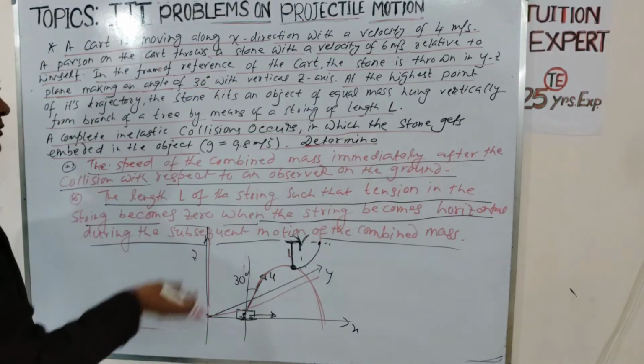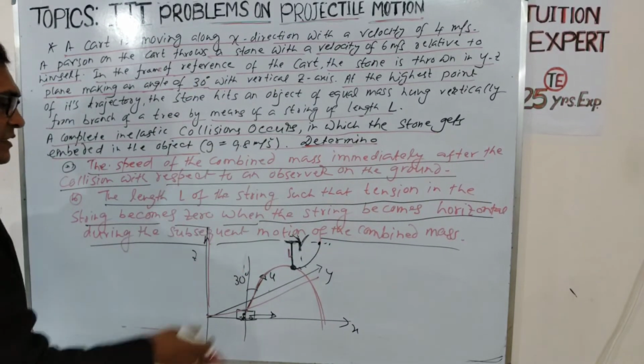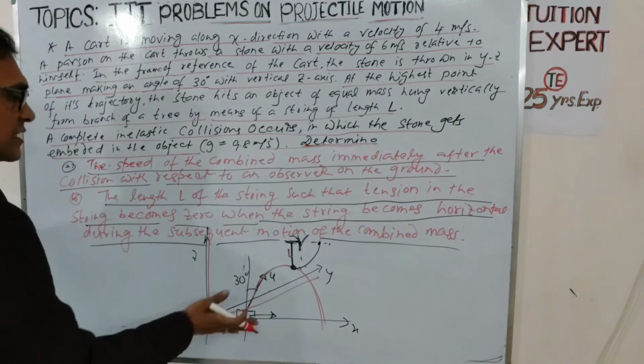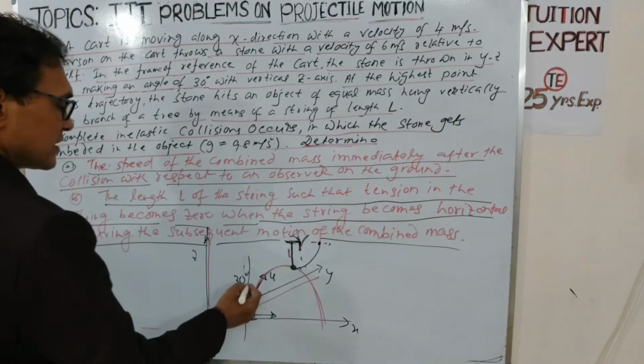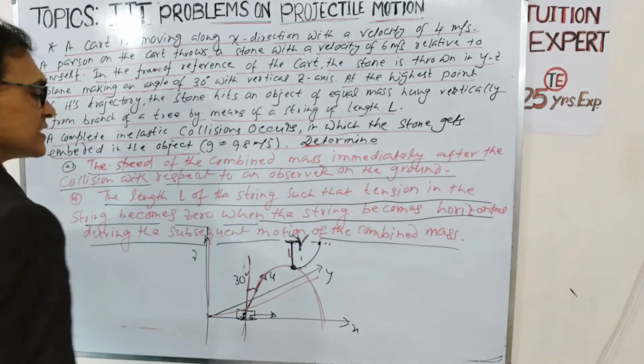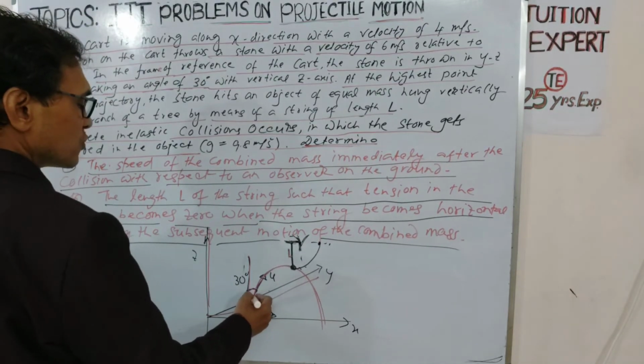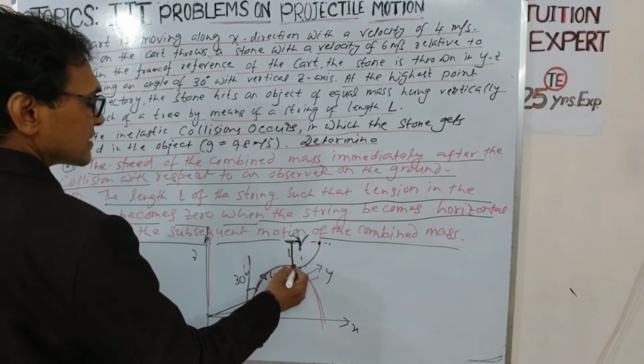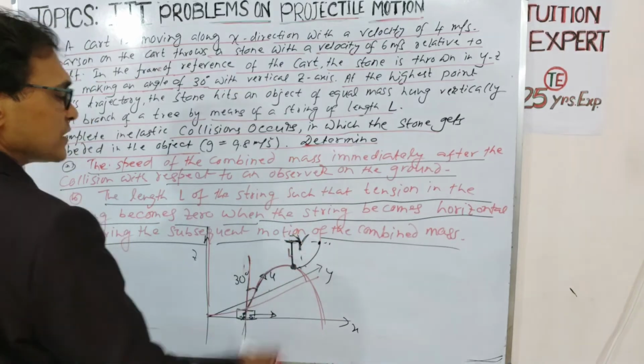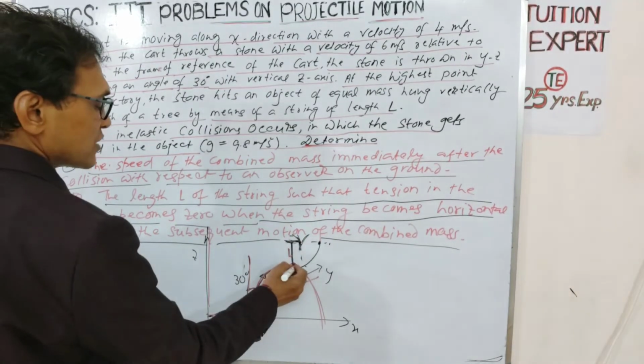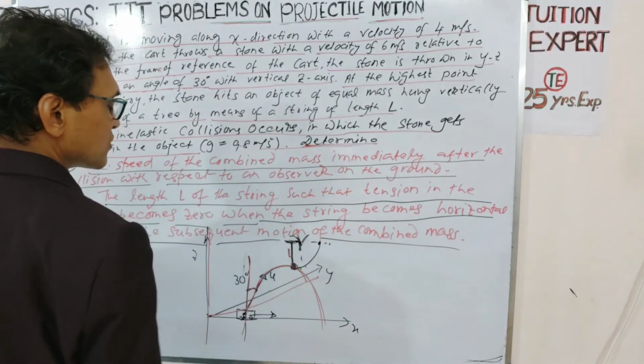When we throw vertically, this becomes the yz plane. If this is the horizontal x plane, then the yz plane is the vertical plane. With the vertical it makes 30 degrees. This stone strikes a body which is hanging from the branch of a tree, and makes an elastic collision.